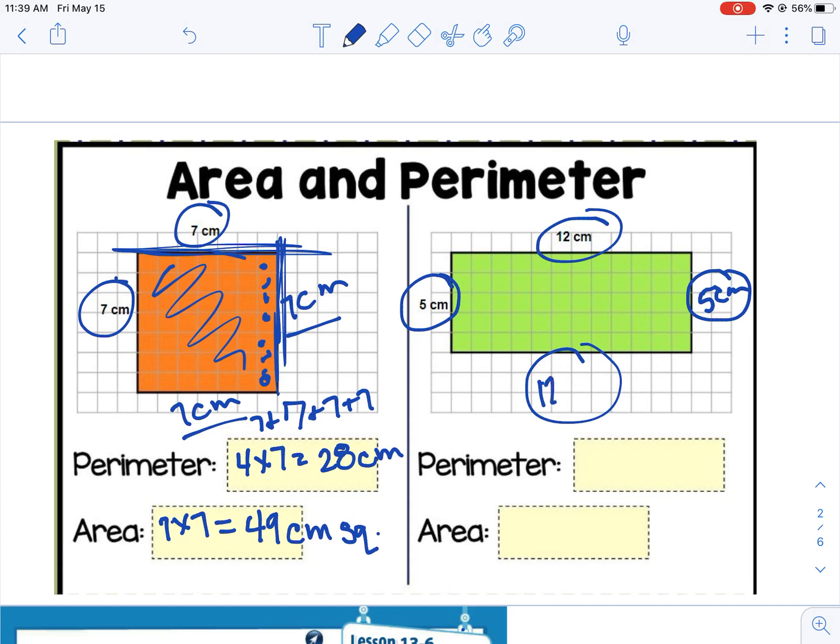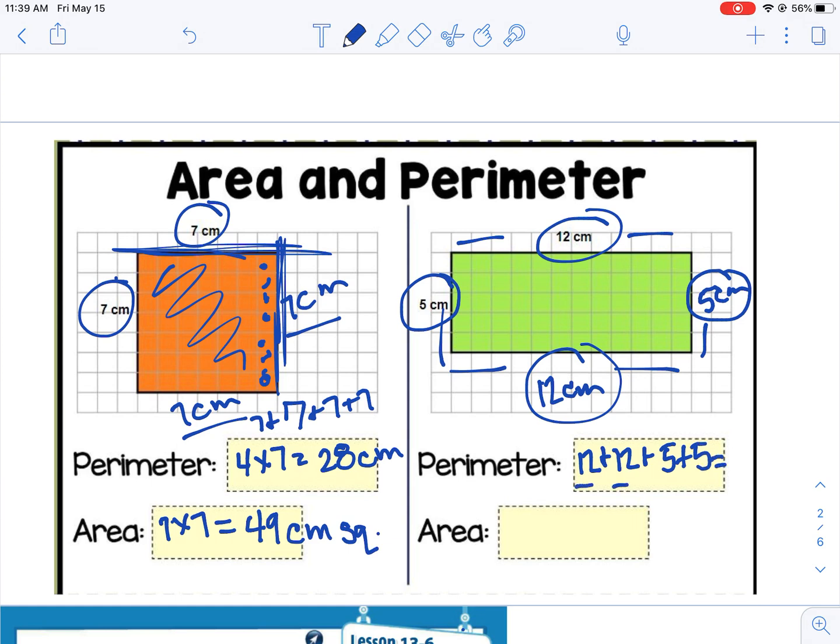If you said 12 centimeters, you are correct. All right, so again, we're going to have to find the perimeter, we have to add all the sides together to get the perimeter. So that's 12 plus 12 plus 5 plus 5 centimeters.